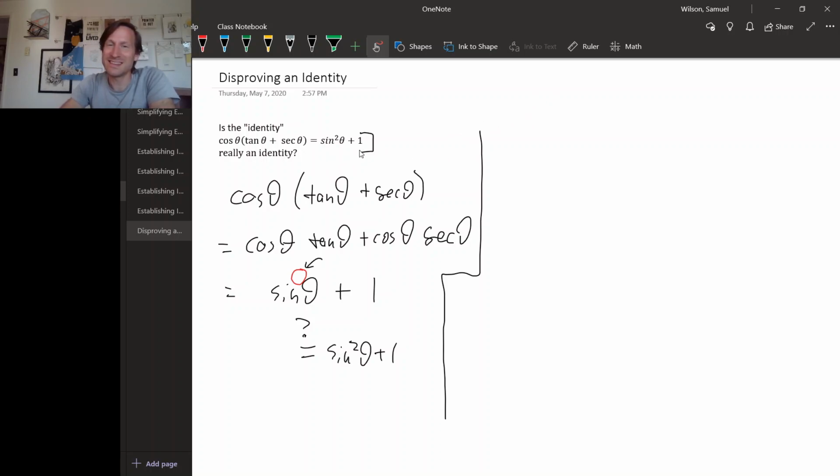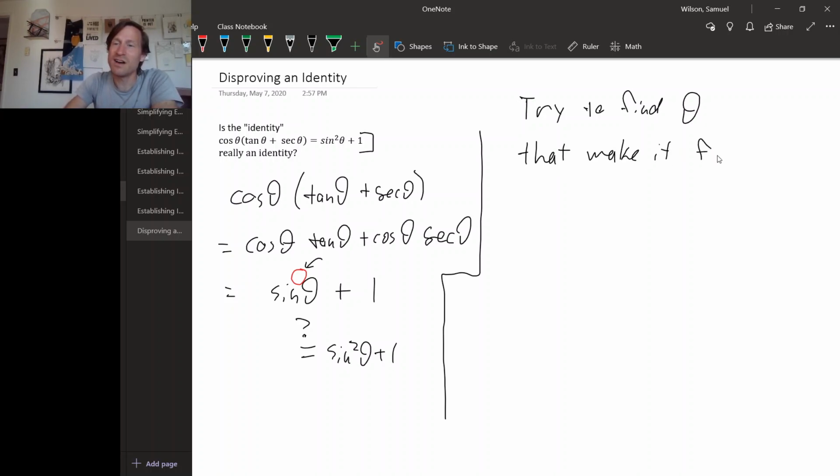So if we think that this isn't an identity, let's try to find a value of theta that makes the equation false. If we can find such a theta, then we will be sure that this is not an identity.